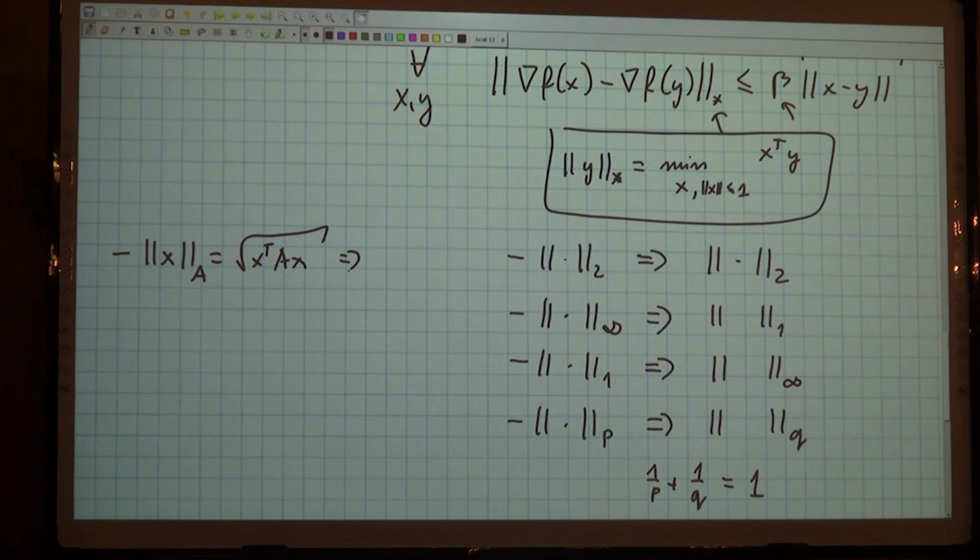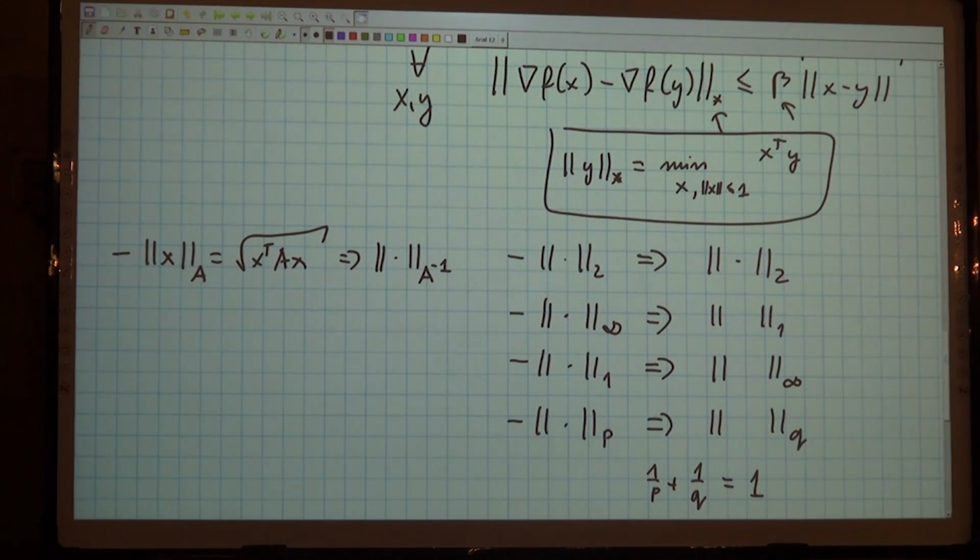Does anyone know what the dual norm of that is? Yes, exactly. You just take the A norm, but with A inverse. And again, if I take A to be the identity, it's just the L2 norm, and the inverse of the identity is also the identity. So the math makes sense, and in the end you get the same thing.